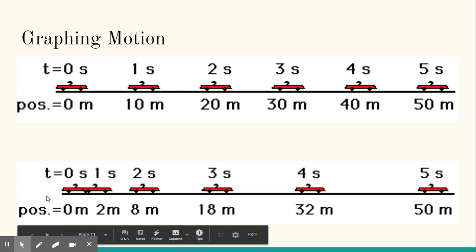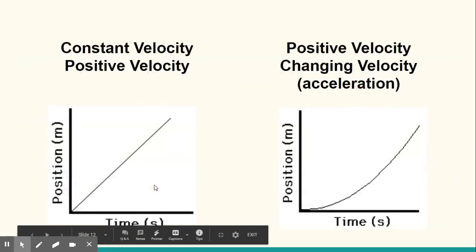Whereas in the bottom, again, same amount of time between each picture, but we see first a change of 2, then a change of 6 meters, then a change of 10 meters, then a change of 14, then a change of 18 meters. So note that these are not exactly the same. This was constant in its change, and this is a changing change in position.